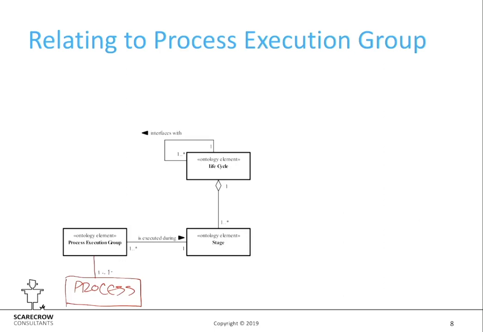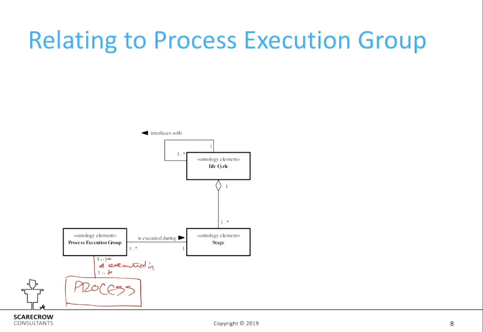One or more processes are executed in process execution groups. So all a process execution group is, is a set of processes that you run, that you execute during a life cycle stage.